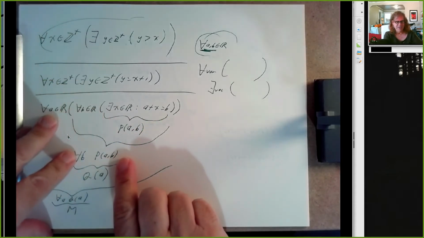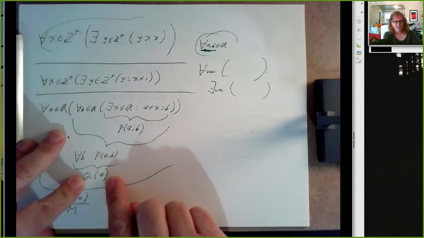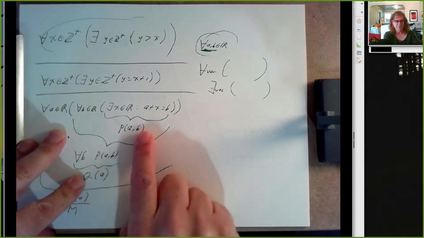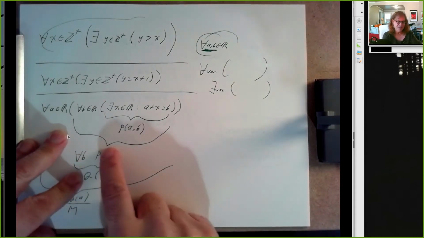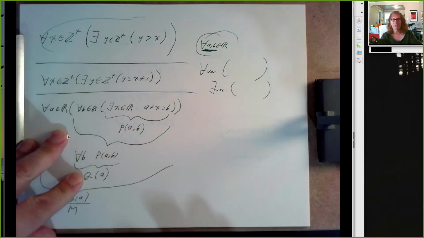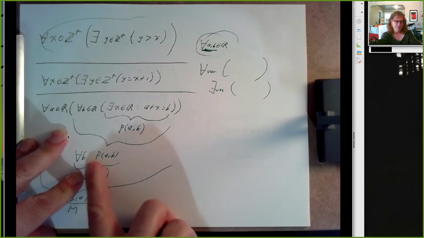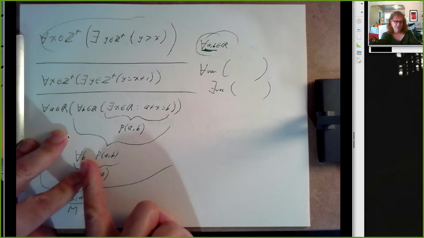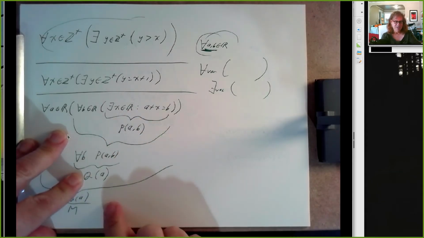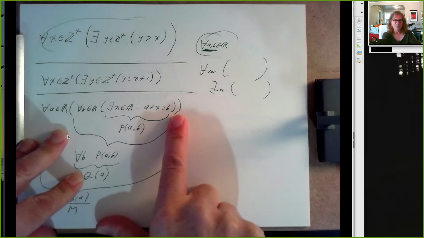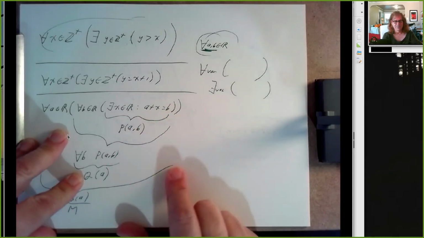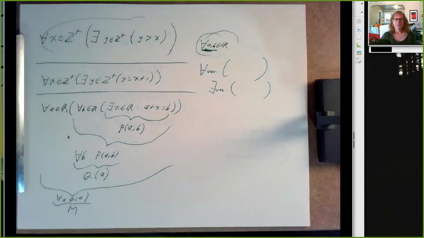And then if we call this thing Q of a, it is the proposition that for all b this is true. So Q of 5 is the proposition that for all b, P of 5 comma b is true. Which is the proposition that for all b, there exists an x such that 5 plus x is equal to b. I think I said that right. Right? And so you can build it out like that.